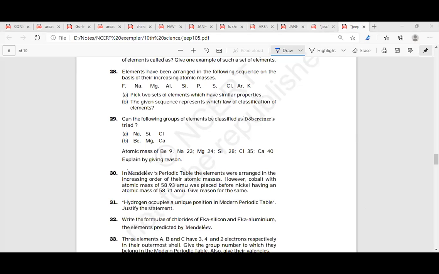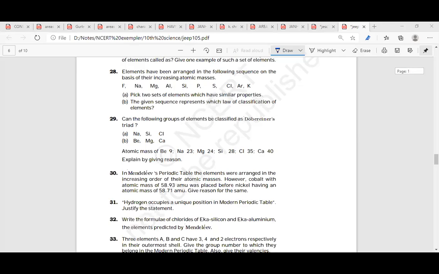Yes, what's the formula? Is it X2Cl5? Which element has 5 valency? Eka silicon. Silicon has 5 valency. One second. I'm sorry, 3 now.